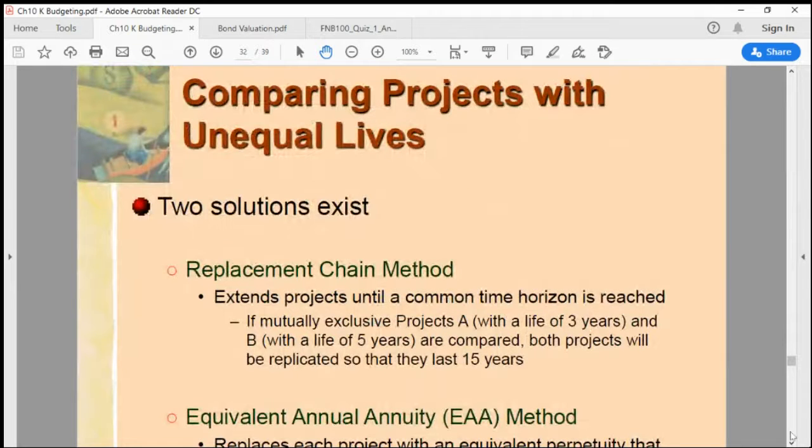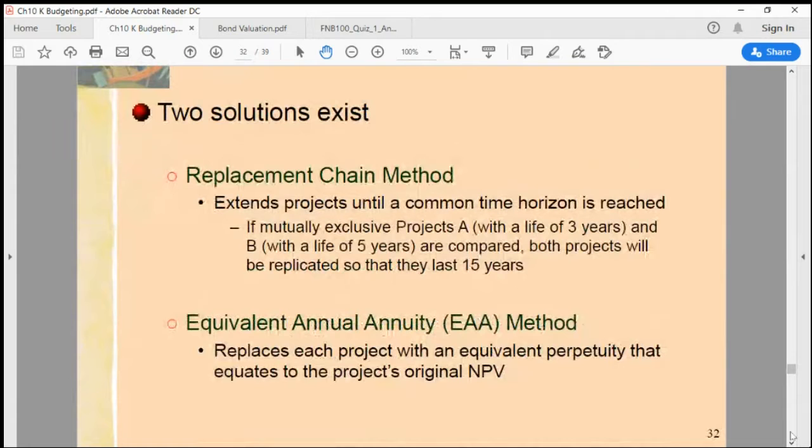That's not rational. So how do you reconcile this difference? Well, there are two methods, two techniques. One is replacement chain method, and the other one is equivalent annual annuity method, right? Replacement chain method and equivalent annual annuity.